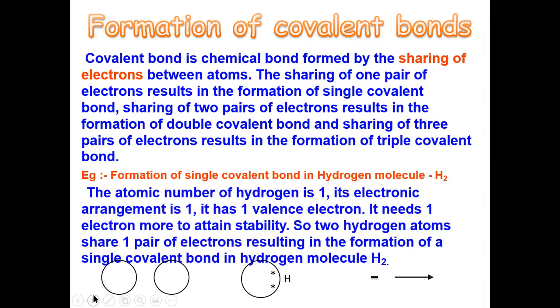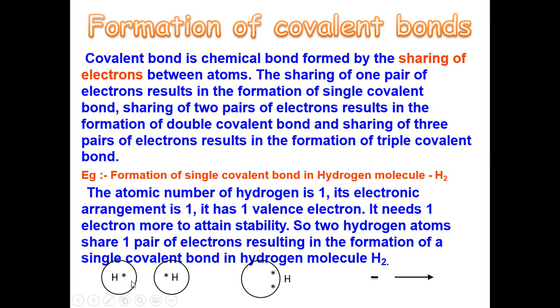For example, the formation of a single covalent bond in the hydrogen molecule. The atomic number of hydrogen is 1. Its electronic arrangement is 1. It has one valence electron and it needs one more electron to gain stability. So two hydrogen atoms share one pair of electrons, resulting in the formation of a single covalent bond in the hydrogen molecule.